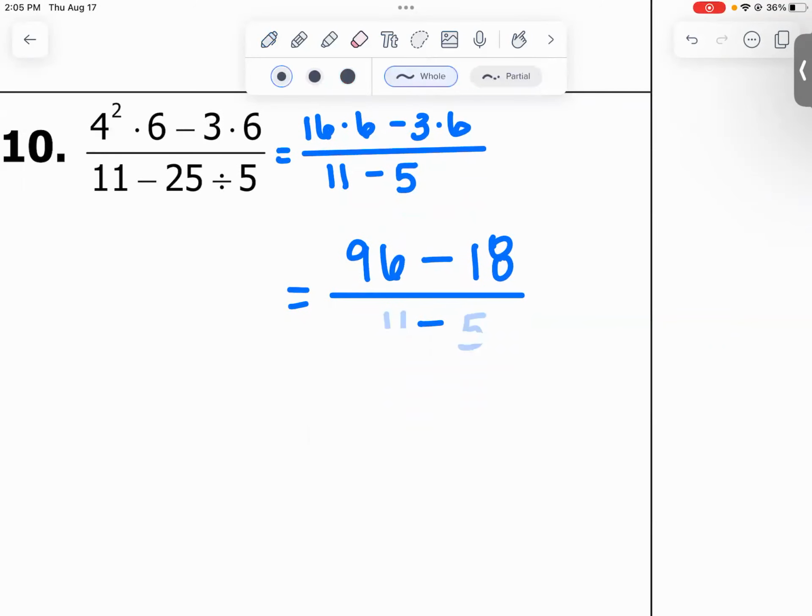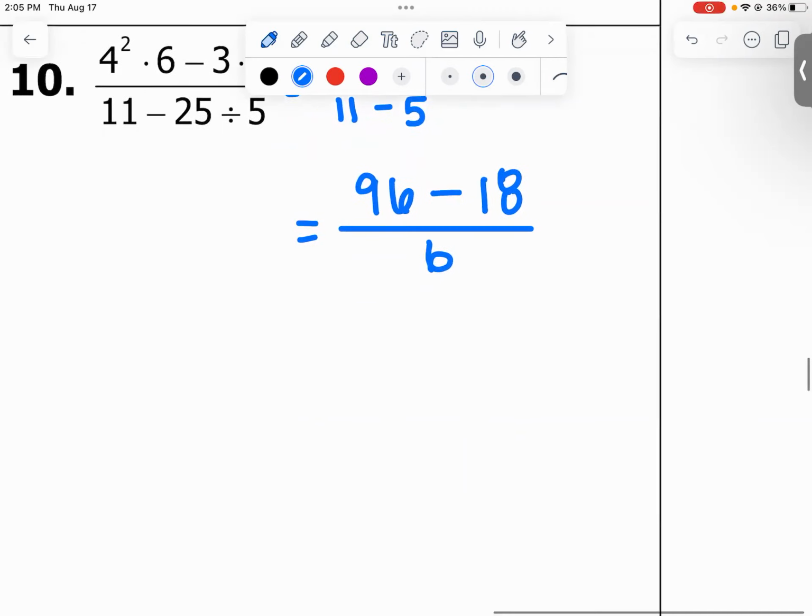What's 11 minus 5? 6. Now we can do our 96 minus 18. 78, which divided by 6 is 13.